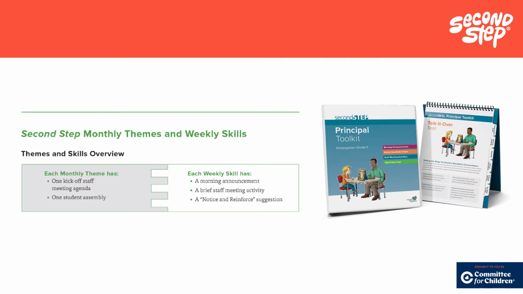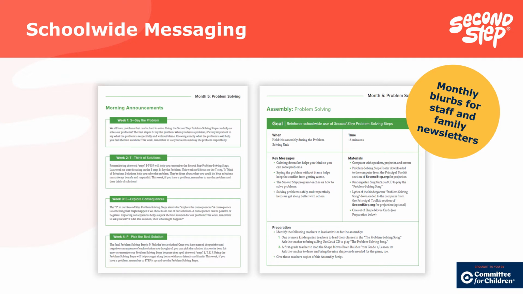And then for each week, there's a morning announcement, a brief staff meeting activity, and a suggestion for noticing and reinforcing the skill for that week. Also, there are online resources connected with the Principal Toolkit, including some family communications and some blurbs for staff and family newsletters. So you'll see that those are also there.